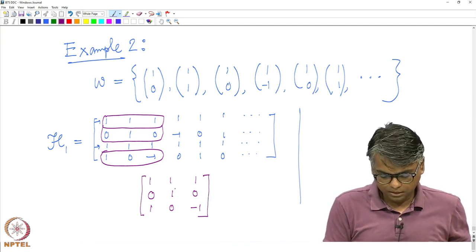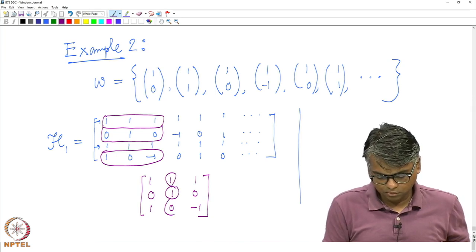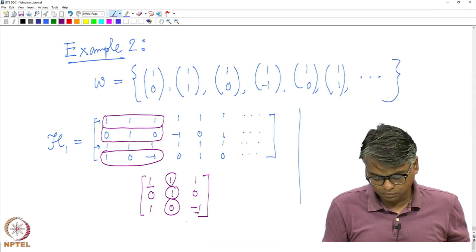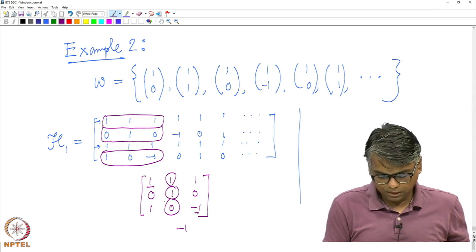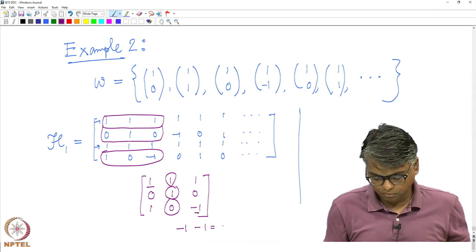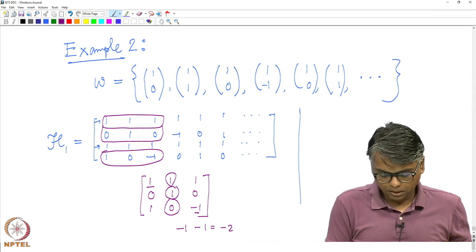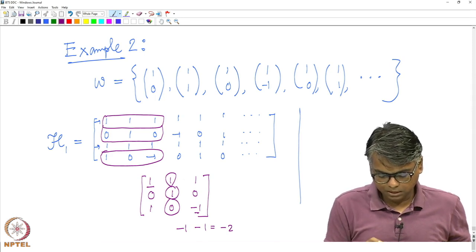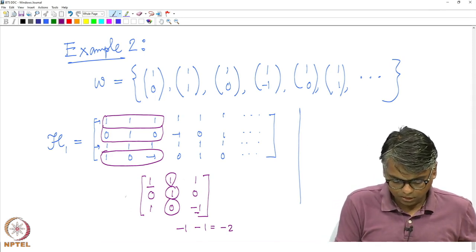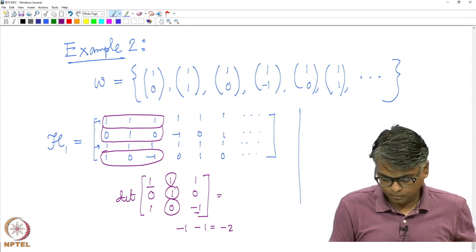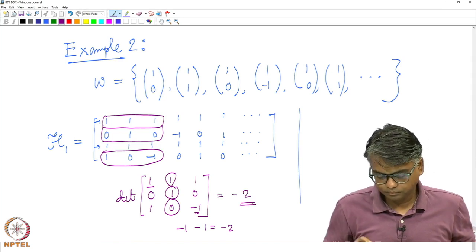I can expand the determinant with respect to this one, which would mean I exclude this and find the determinant of this, which is 1 times minus 1 minus 1 minus 1 times 1, which is another minus 1. So, equal to minus 2, with signs plus minus plus. So, the determinant is equal to minus 2.